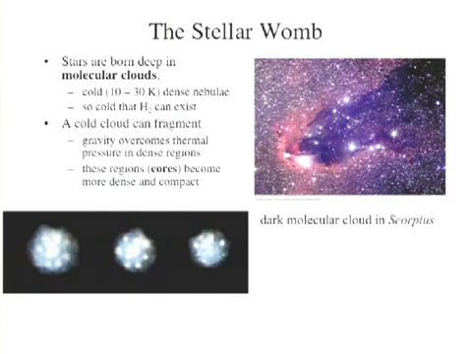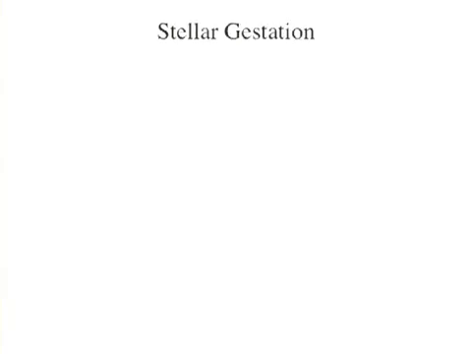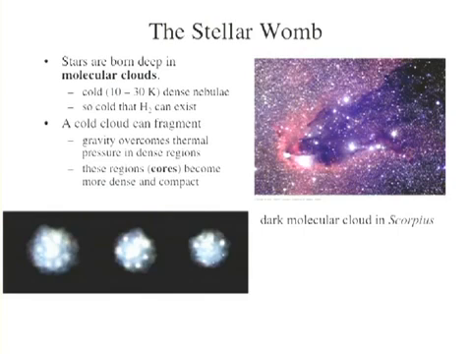Okay, the molecular clouds are extremely cold. And these cold clouds can fragment as they shrink a little bit, and the cores can become more compact and become the fragments to make new stars.